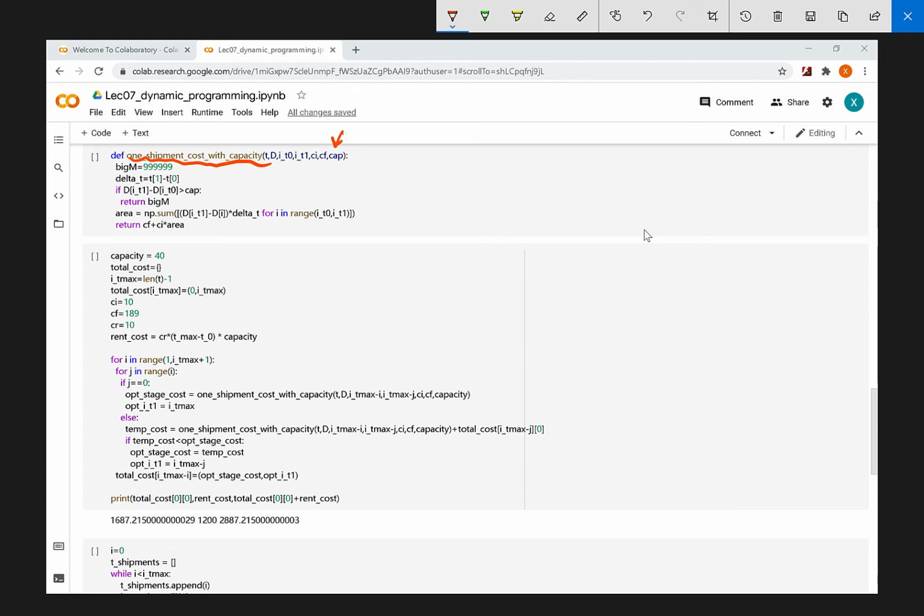So here we implicitly define a constraint with a big number. That means if you want to ship a load which is greater than Vmax, we just assign a cost for this decision with a very big number. Here we use 999,999 to indicate infinity.